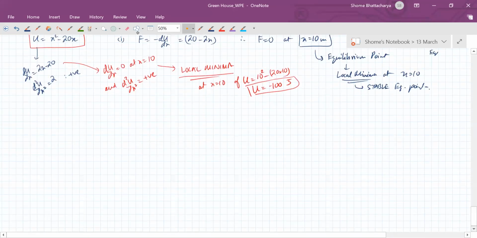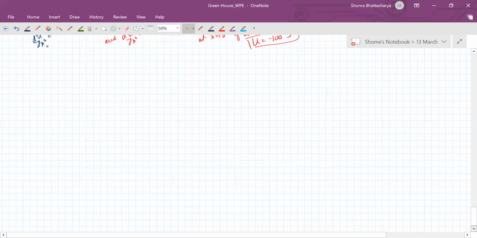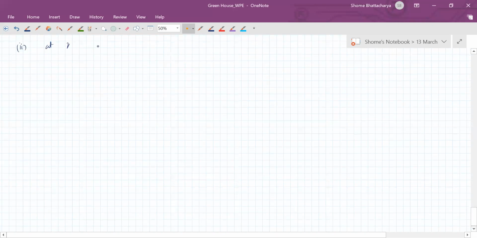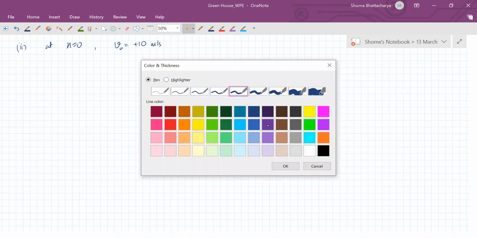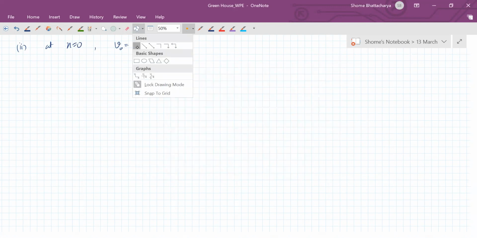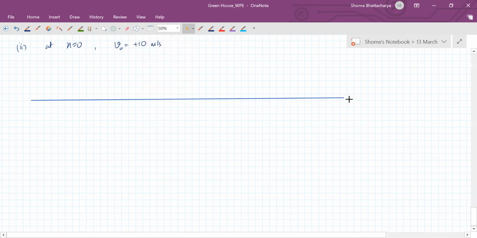Okay, now let's come to the second part. At x equal to 0, the body has a velocity of plus 10, let's say that is v0 meters per second. Okay. Now what other information have we just learned about the system? We've learned that it has a single stable equilibrium point, and that stable equilibrium point is at x equal to 10.